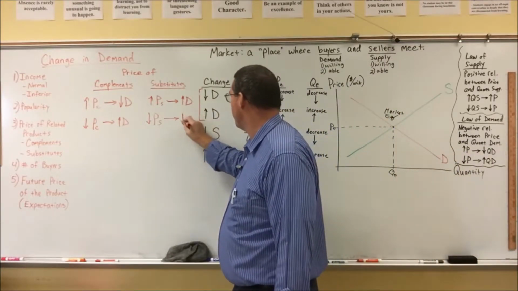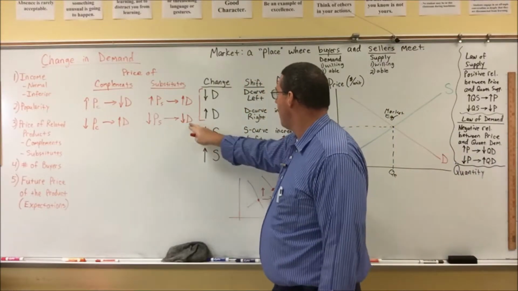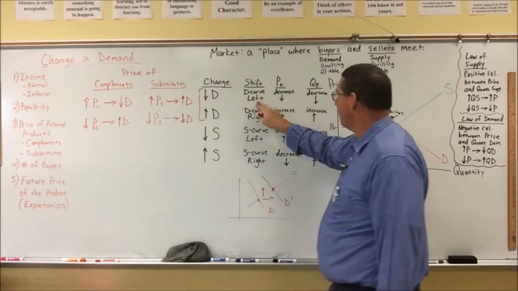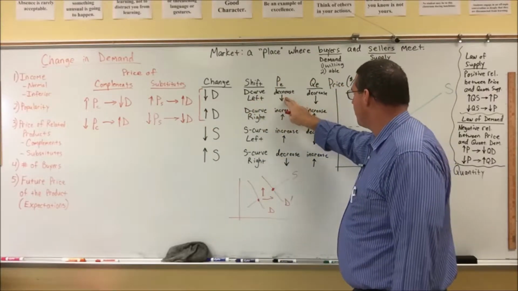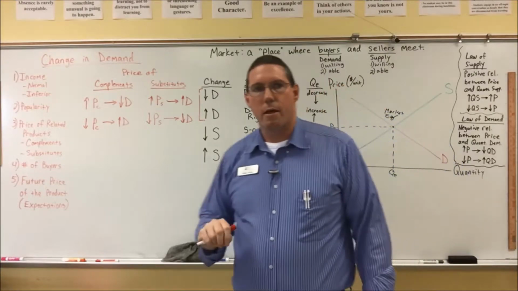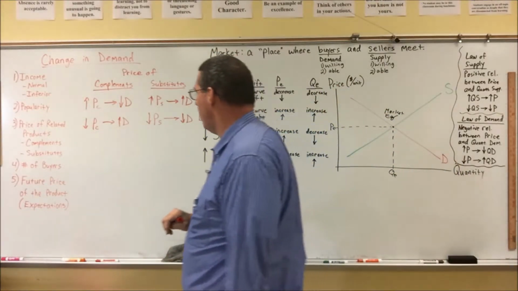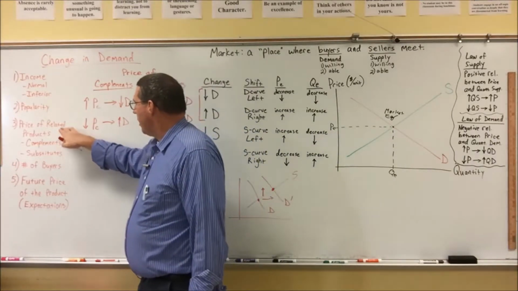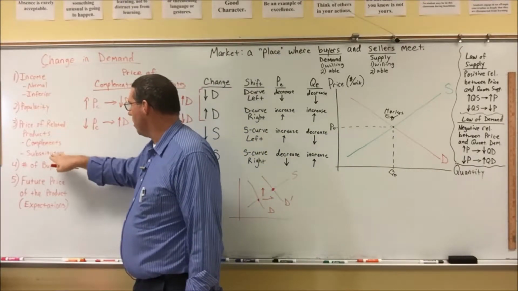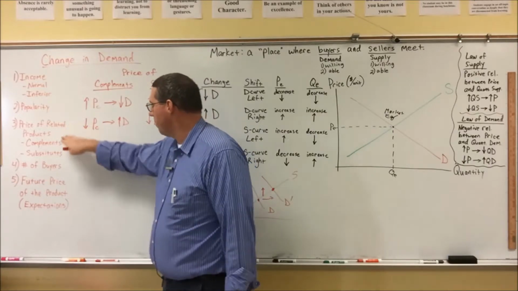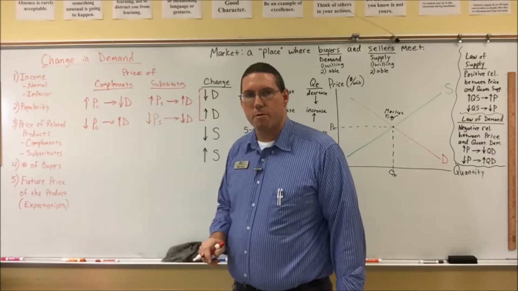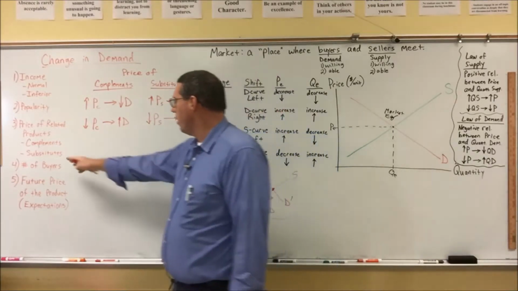So we're going to have a decrease in demand, and then that's going to result in a left shift of the demand curve, a decrease in equilibrium price, and a decrease in equilibrium quantity. Okay? And that is because of the prices of related products, the prices of complements and the prices of substitutes. Okay? Let's move on to number of buyers.